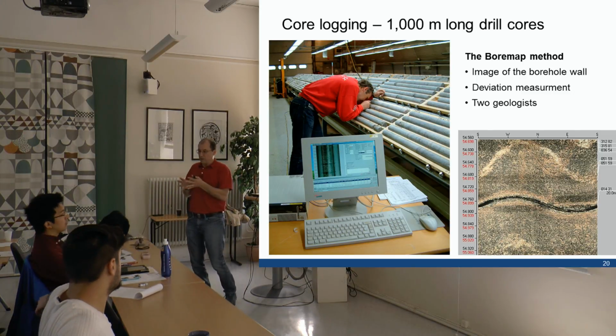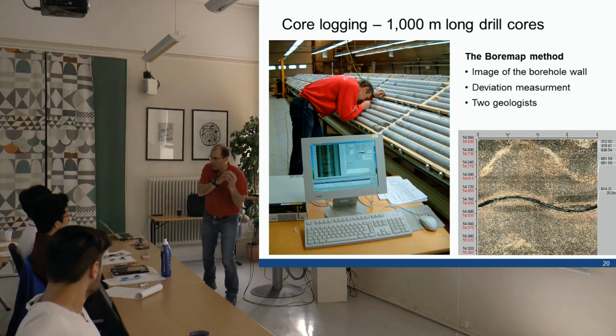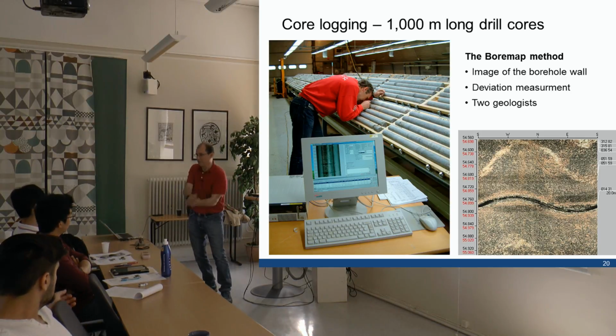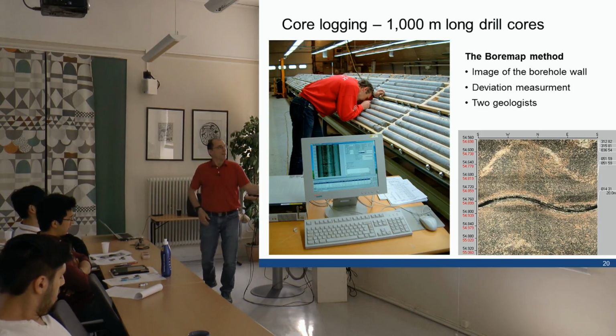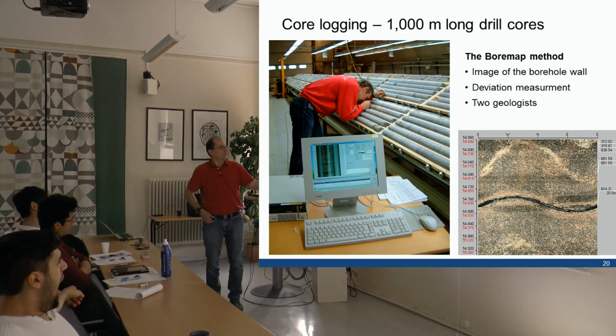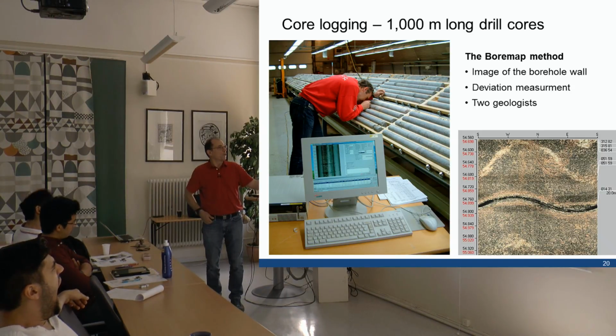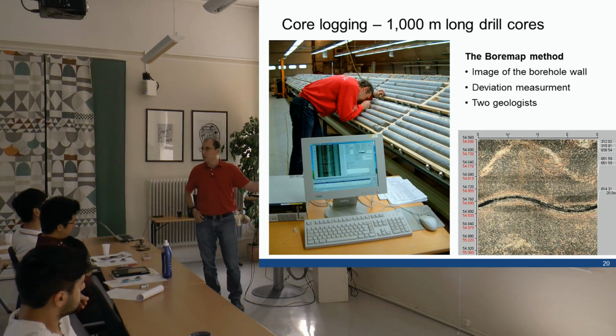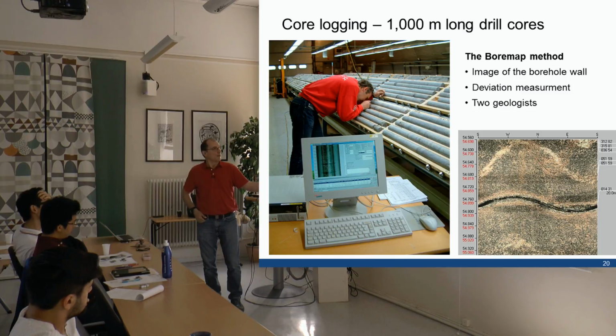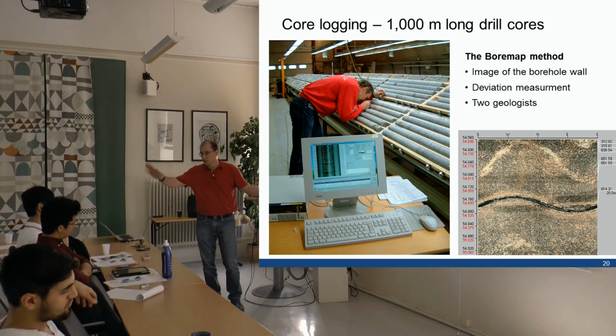You remember that we make a movie of the borehole wall. And so the core, together with the movie from the borehole, we use in this bore map method to log the core.